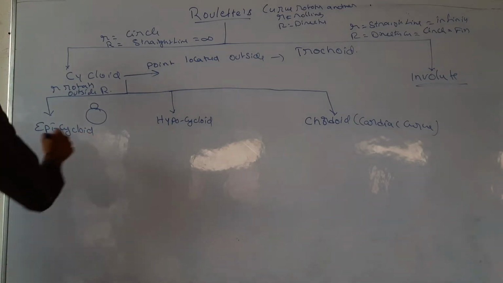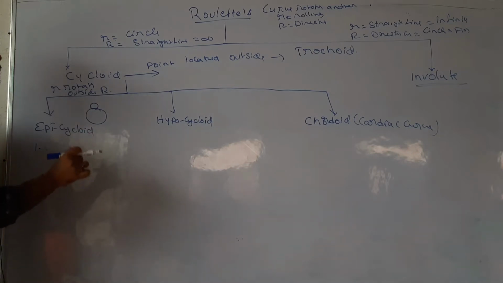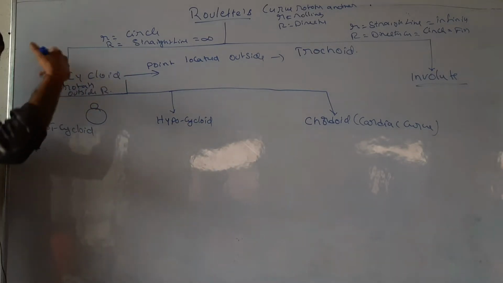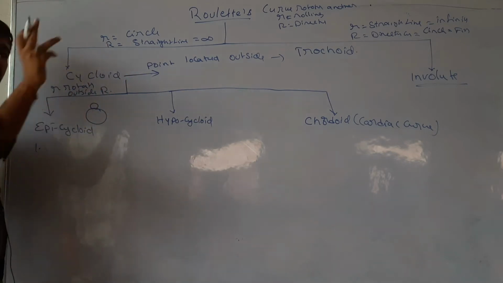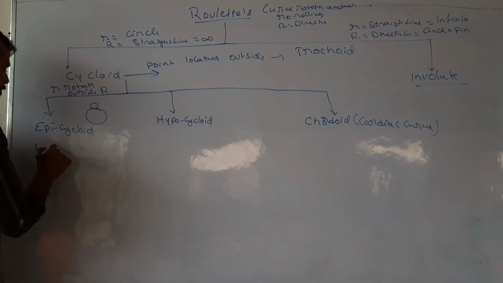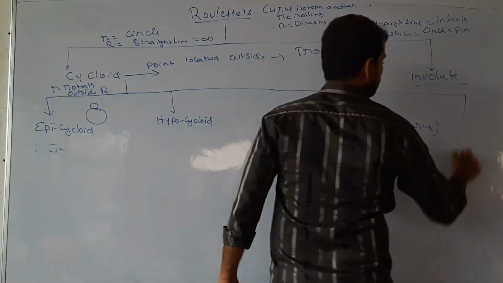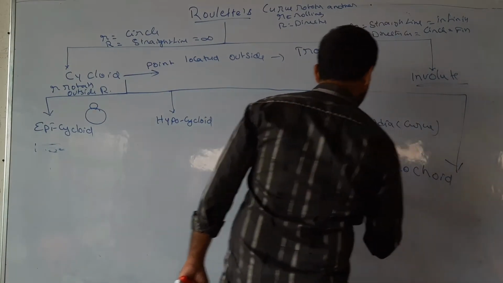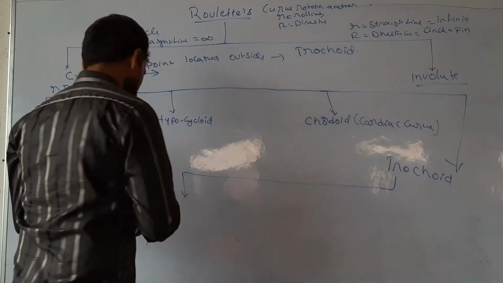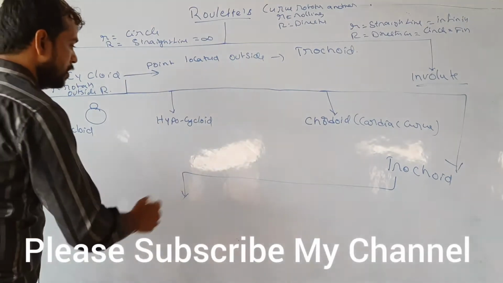So for the epicycloid, what will you get? Epicycloid means rolling on another circle. If the trochoid is rotating on another circle and the point is located outside, then what will you get? Okay, I will write it here. These are the other things: trochoid. In trochoid, again, I am using a different color marker.